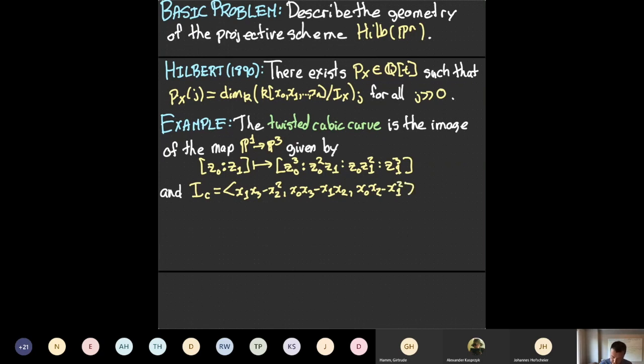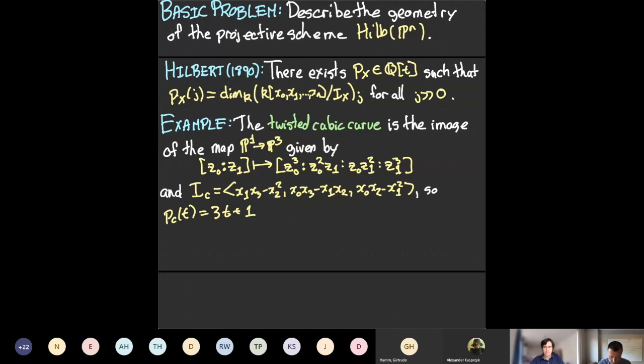So this happens to be cut out by 3 quadratic equations, and in fact, using a computer algebra system with this explicit ideal, you can compute the Hilbert polynomial. You can do it by hand in this case, explicitly count monomials. You can also take the fact that you know the Hilbert polynomial for P1 and understand how it behaves under this map. So several different ways in this concrete example, you can compute the Hilbert polynomial, and you find that it's 3t plus 1.